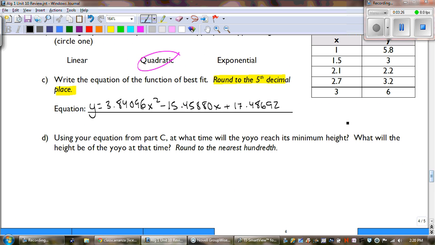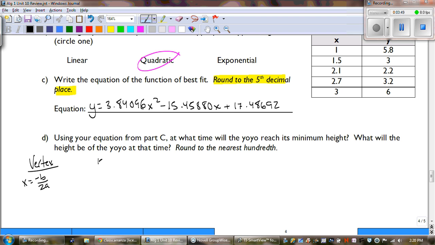All right, so when it's talking like that, we are needing to find the vertex. And remember that the vertex is x equals the opposite of b over 2 times a. So b is negative 15.45880, so I want the opposite of that.